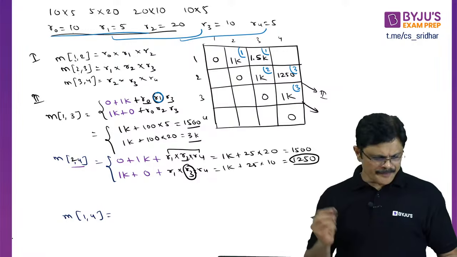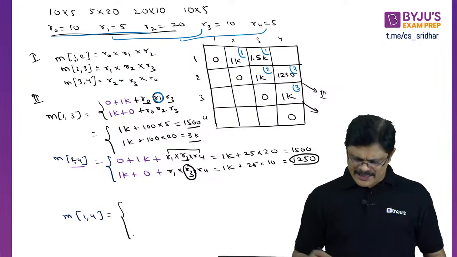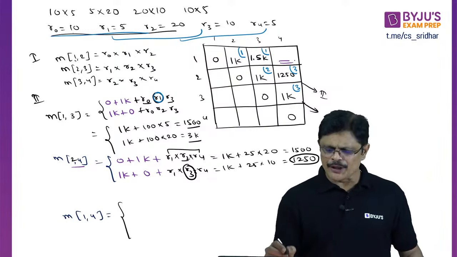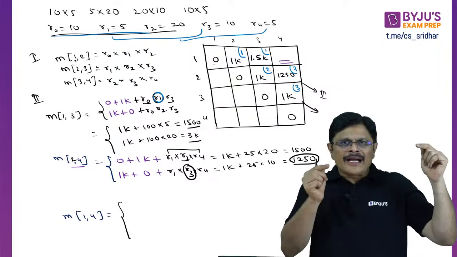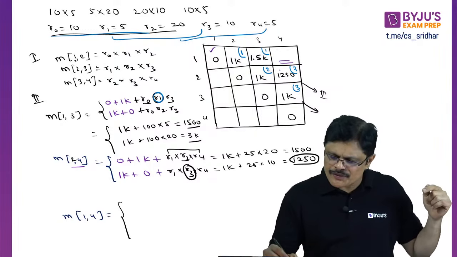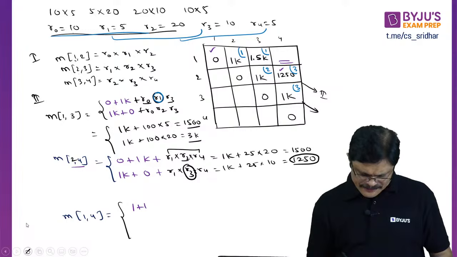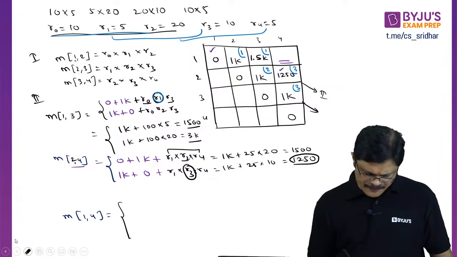Now, what is M14, sir? See here again. Look here, this is the value you need to find. Take the leftmost value and the immediate next value, these two, and add them. That is 0 plus 1250.